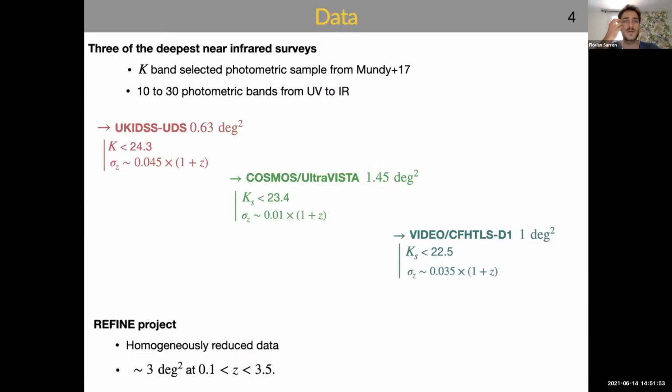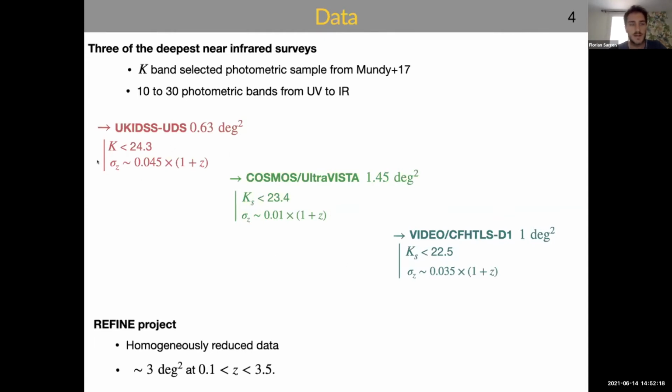For the data, we use 3 of the deepest near-infrared surveys available, with a K-band selected photometric sample from Msun et al. in 2017. These are the UKIDSS UDS, Cosmos UltraVISTA, and VIDEO CFHTLS D1 field, and we have between 10 and 30 photometric bands from UV to infrared in the different surveys.